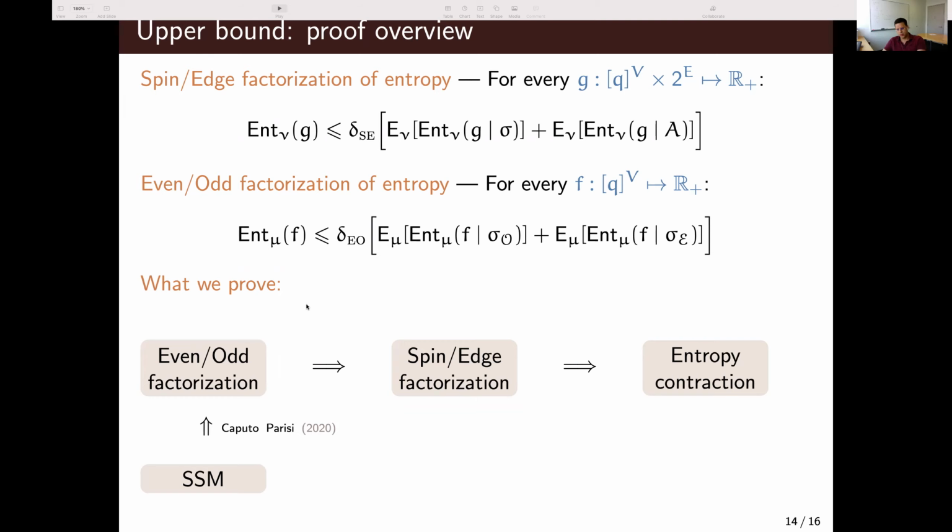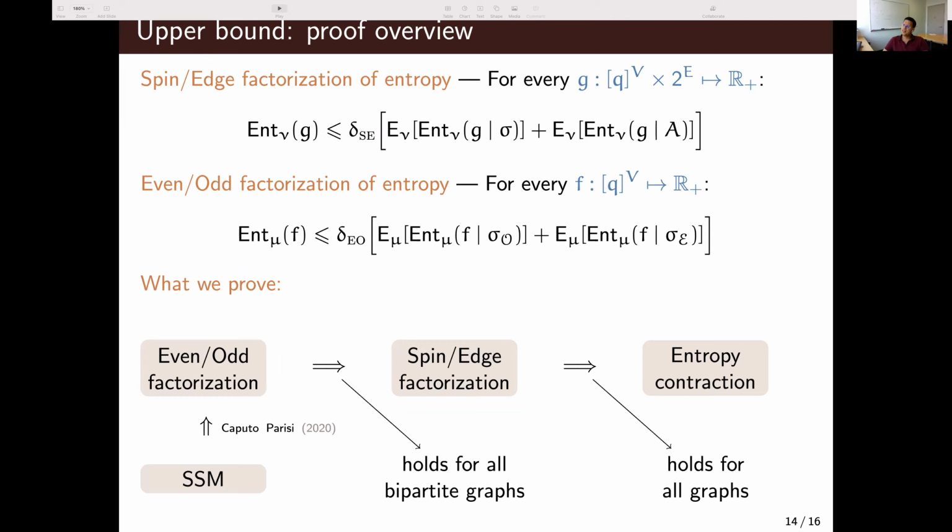Okay? Now, two points here are that these two implications, we actually prove them in more generality. So the first one, this is the main technical result. Actually, our proof holds for all bipartite graphs of bounded degree. Okay? And we hoped when we proved this that it would find applications in other settings, and I think there have been already a couple of follow-up works that actually use this more general implication.